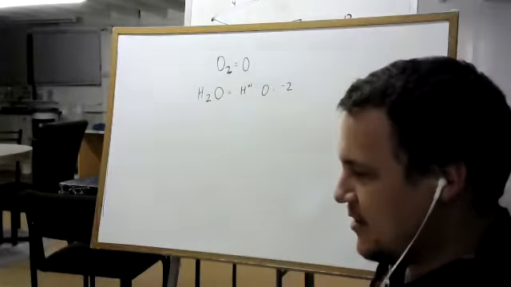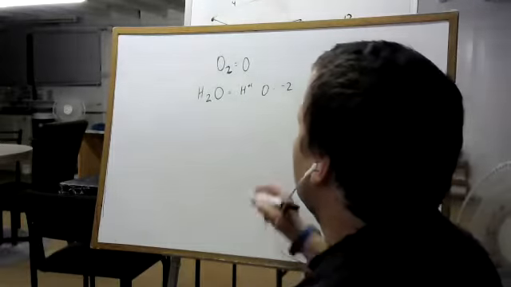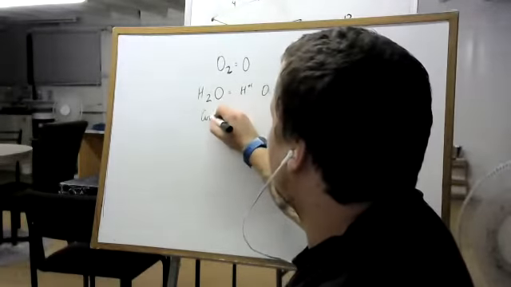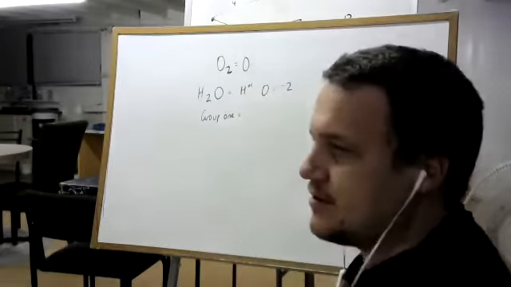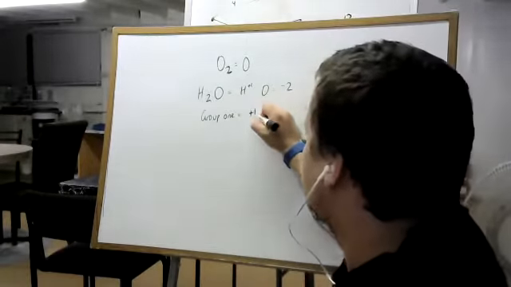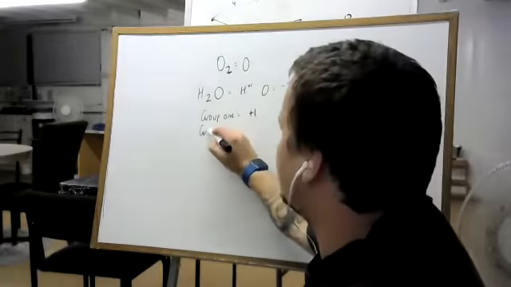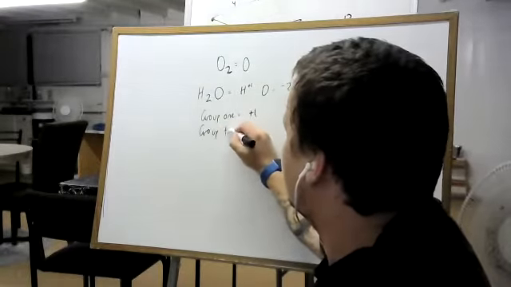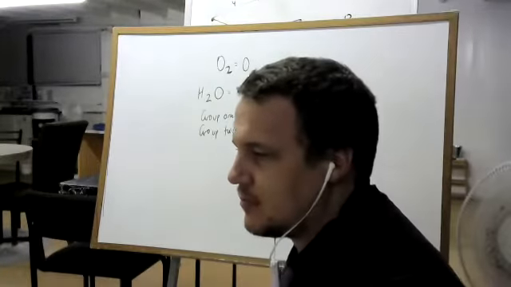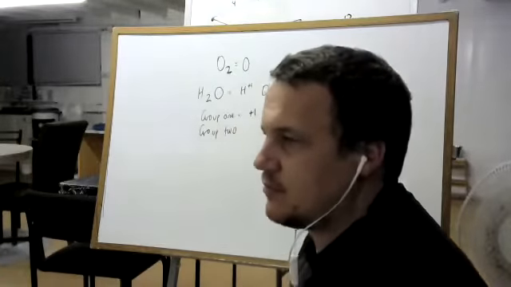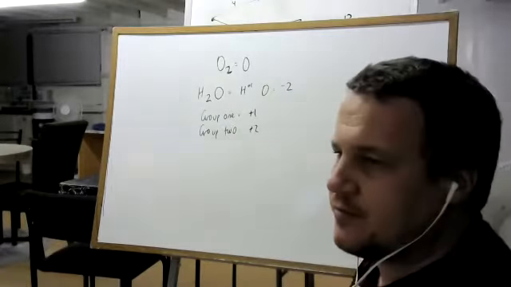And all the way back to grade 9 when you were naming compounds. Anything in group 1 is +1. Donates 1 electron. What about group 2? +2.